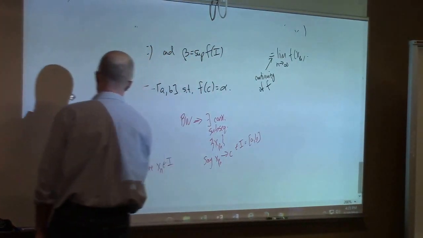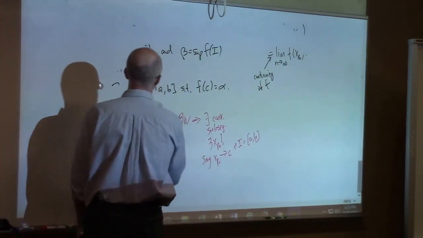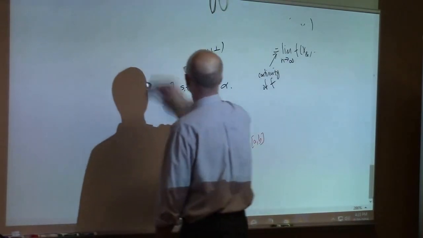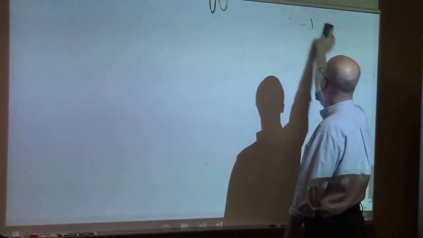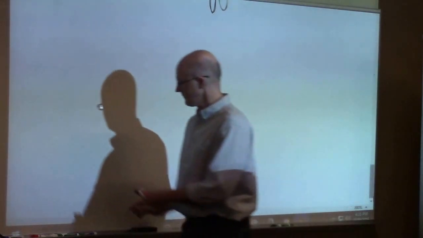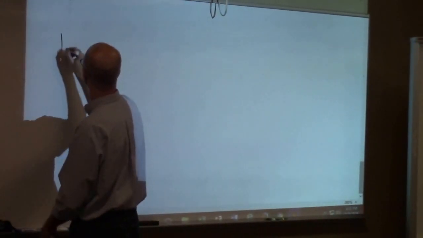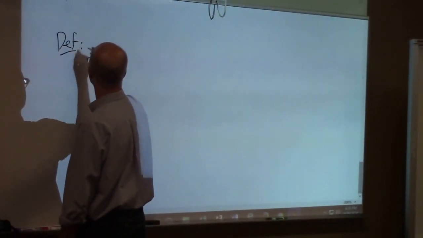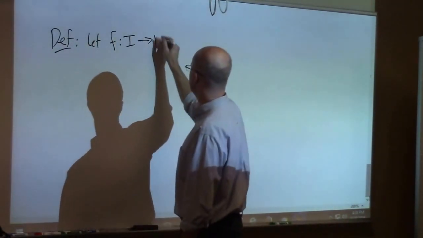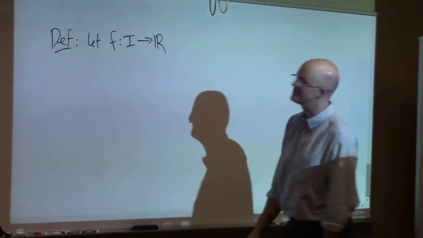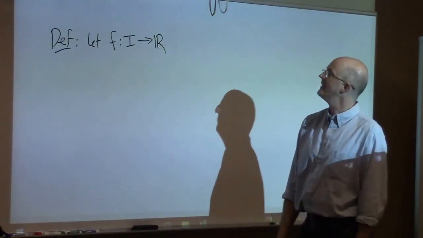Next topic is something in the same section, section 3.3, the intermediate value property. It's a definition. Once again, I is some interval here, and a function is defined on I. That's the domain.